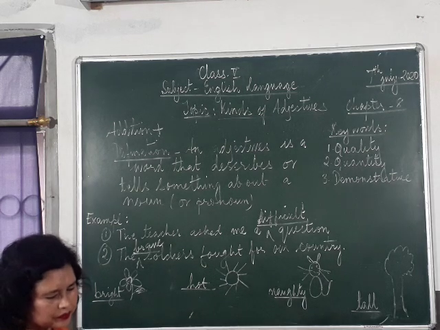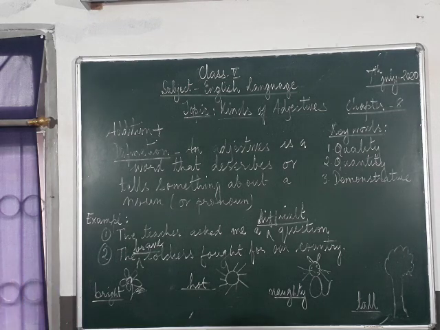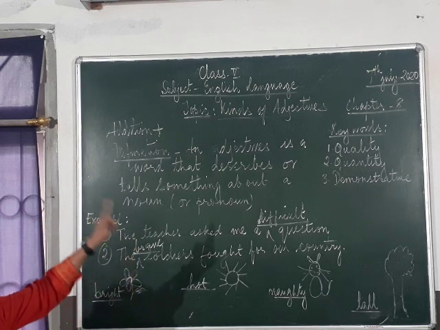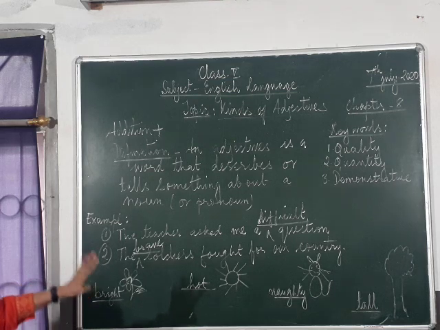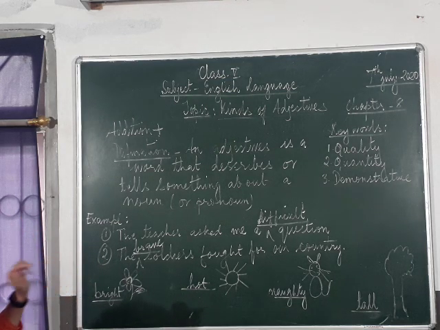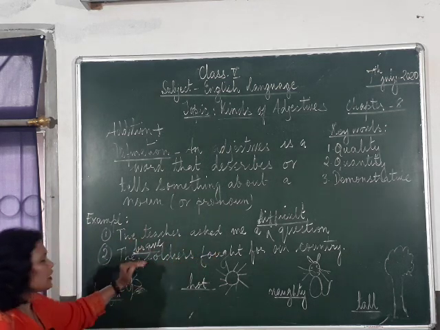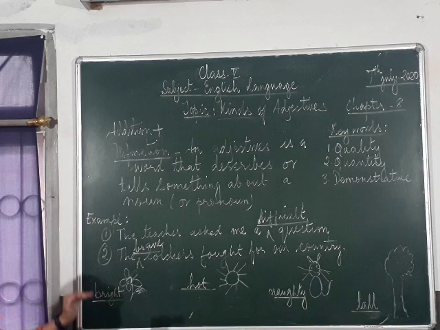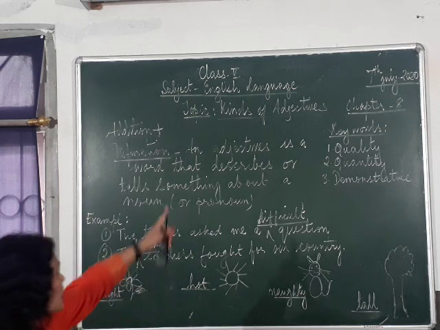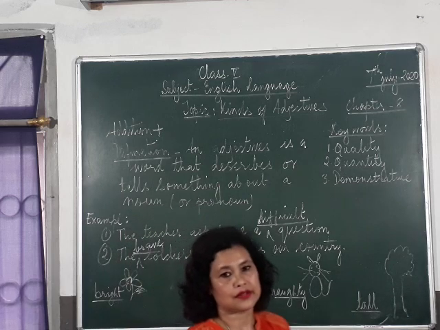All right children. So this is adjective only. I'm explaining to you what an adjective is. So you understand now, an adjective is a word that describes or tells something about a noun. If we add adjectives to the noun, it adds more meaning to the noun. Now the topic is kinds of adjectives.